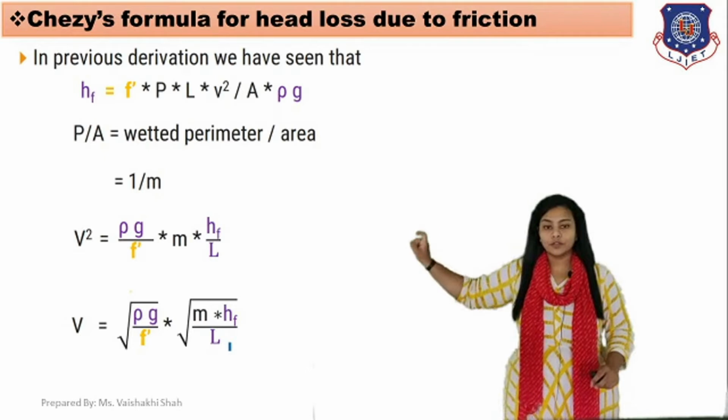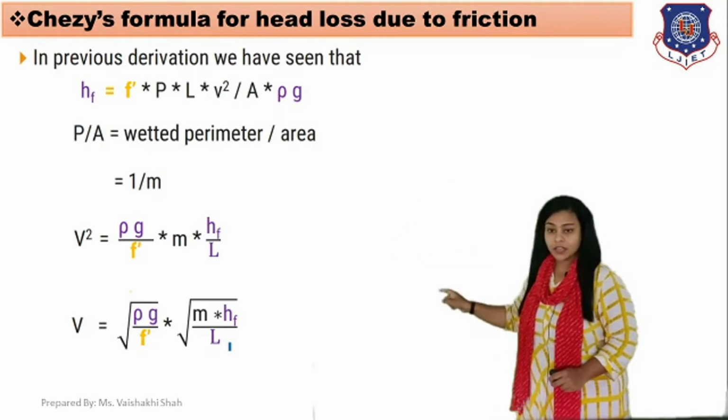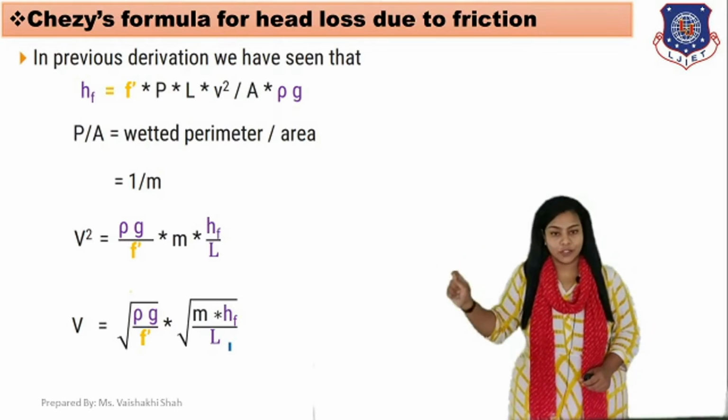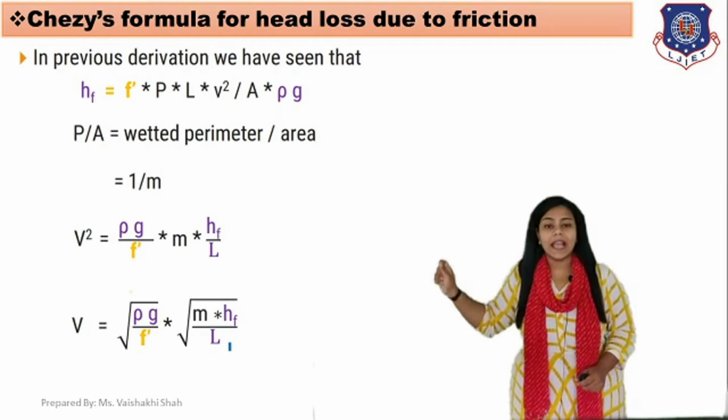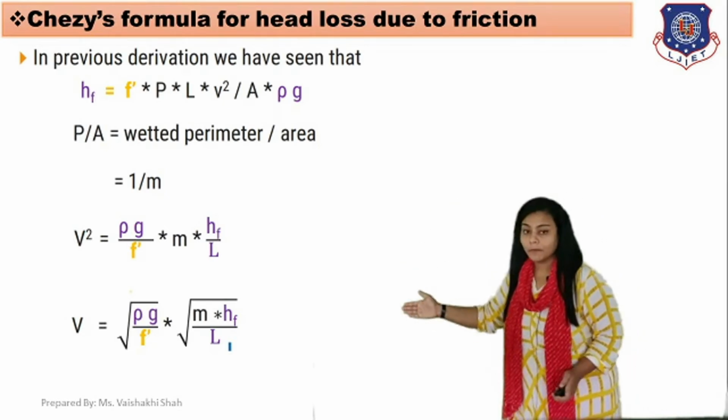So V equals under root rho g by f dash into under root m into hf by L. We rearranged the equation in this form.